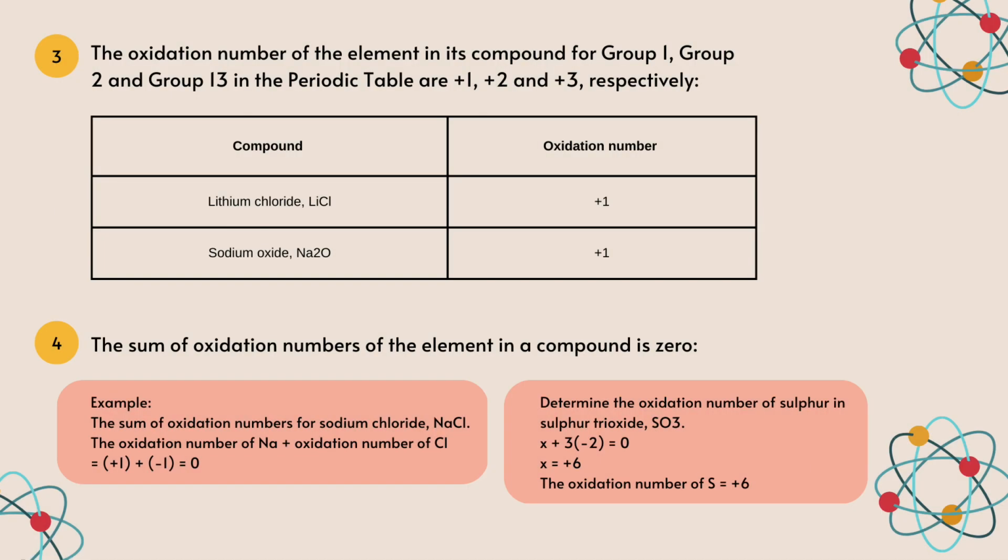Other than that, the oxidation numbers of the elements in their compounds for group 1, group 2 and group 13 in the periodic table are +1, +2 and +3 respectively. Next, the sum of oxidation numbers of the elements in a compound is 0.